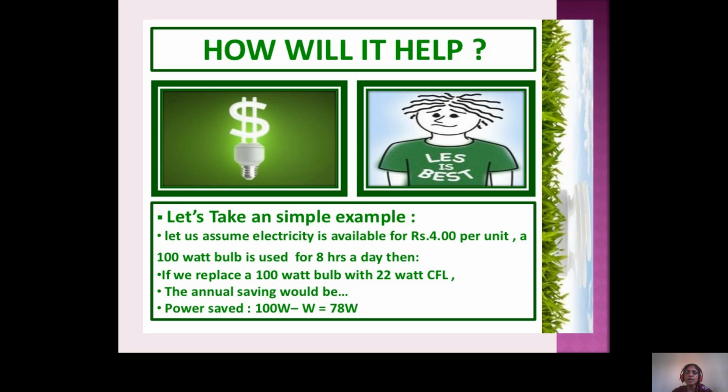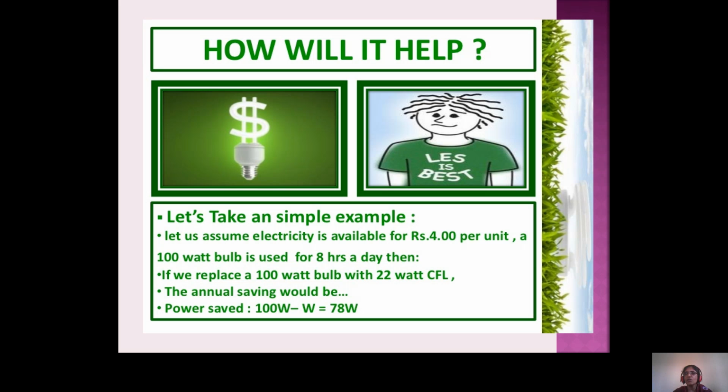A 100-watt bulb is used 8 hours a day. If you replace the 100-watt bulb with a CFL, the annual saving would be about 78 watts.